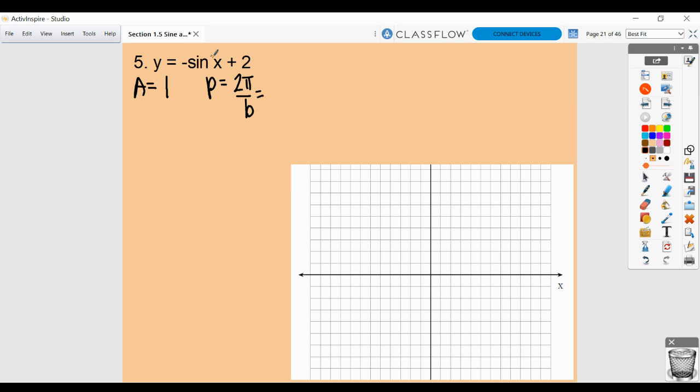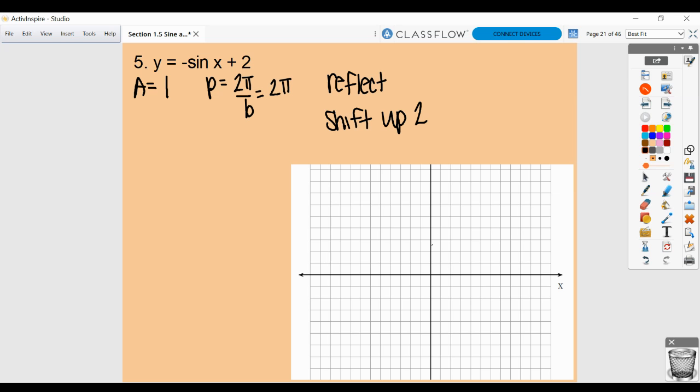The b is the number in front of the x, which is 1, so it's just 2 pi. And then this minus sign means we are reflecting. And this plus 2 is a d, so we are shifting up 2.